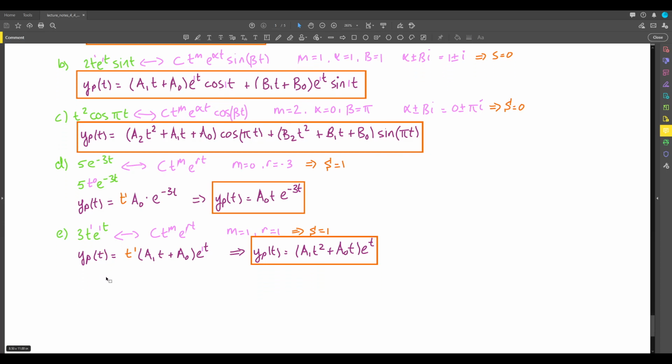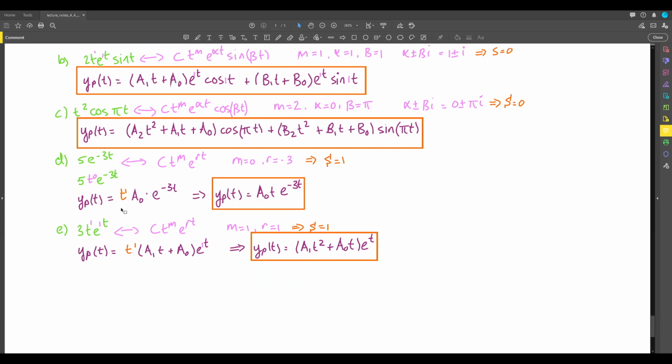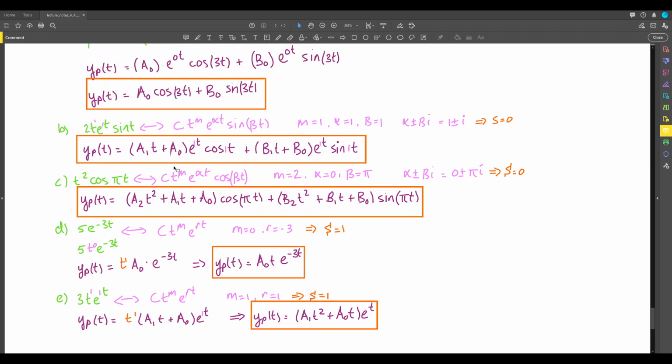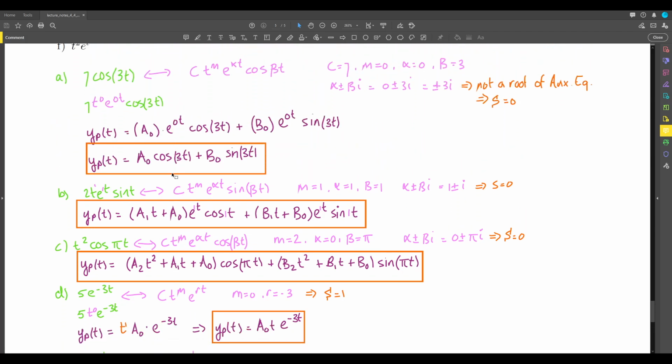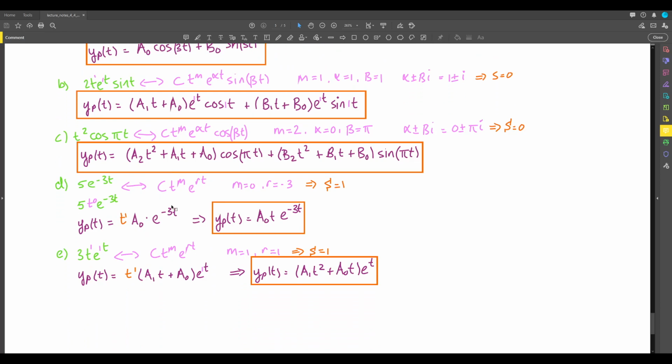Okay, and then the final one, t squared times e to the power t. We have to compare that to the general form of f being of the form c times t to the power m e to the power rt.